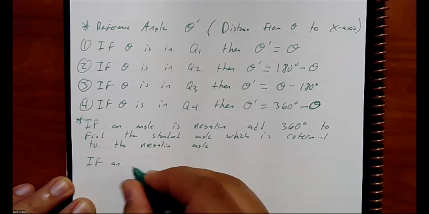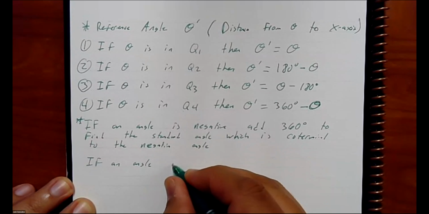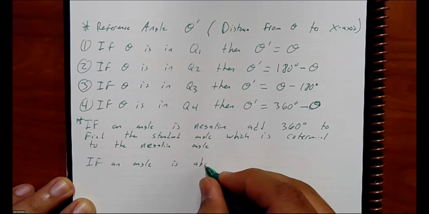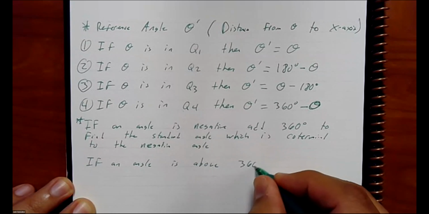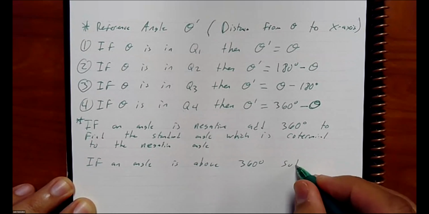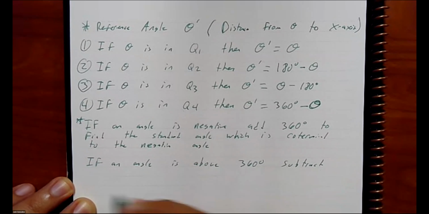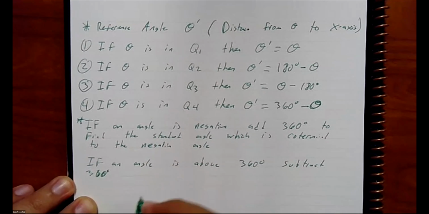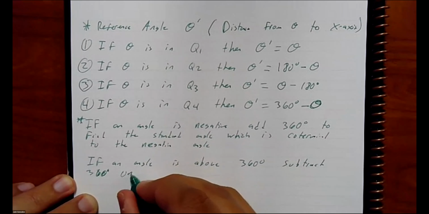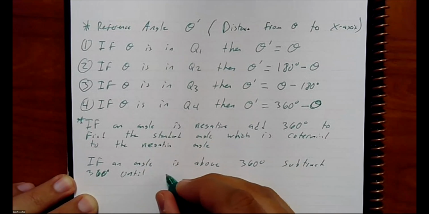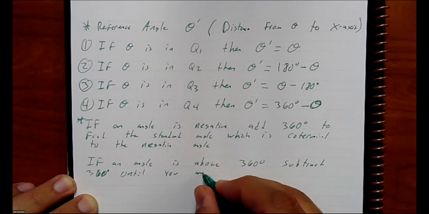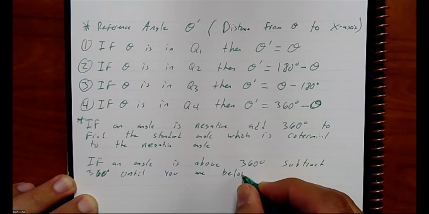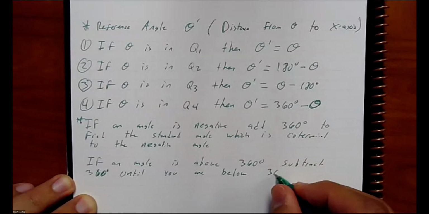If an angle is above 360, subtract 360, oops, until you are below 360.